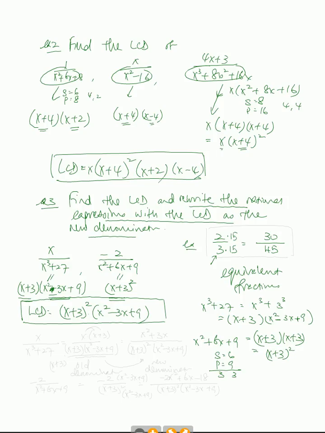Next part of the question is, can you rewrite each expression using the LCD as the new denominator? Now this is how you have to do it. The first fraction given to you is x over x cubed plus 27. His denominator is x plus 3, x squared minus 3x plus 9. But you want the new denominator to be x plus 3 squared and then x squared minus 3x plus 9.